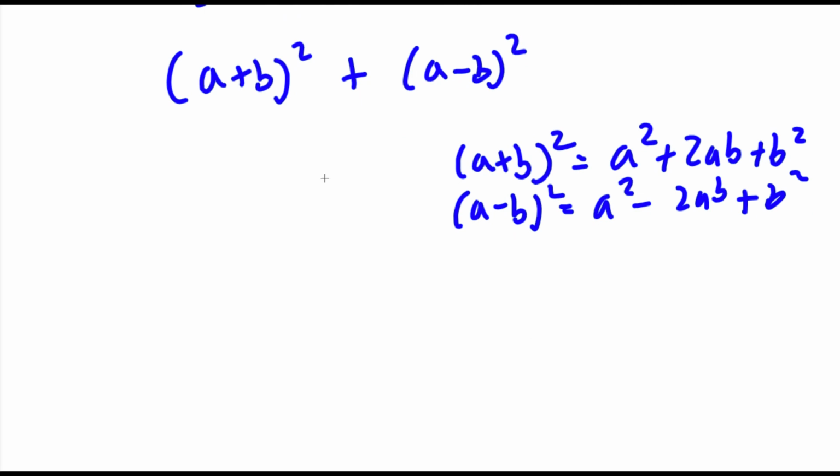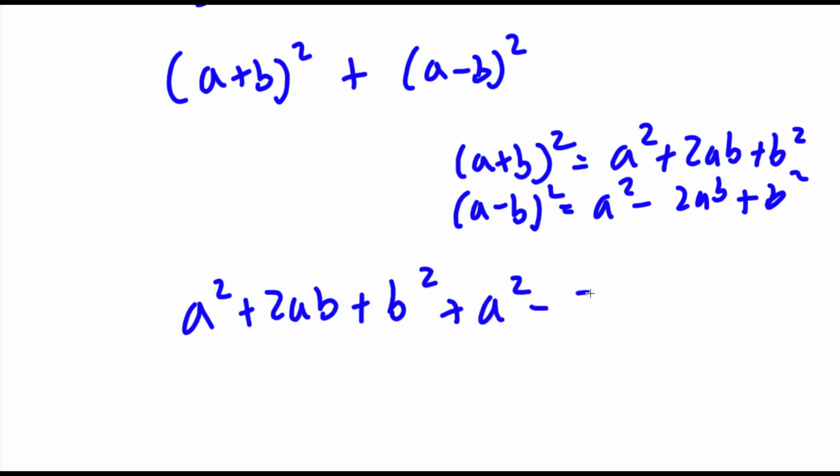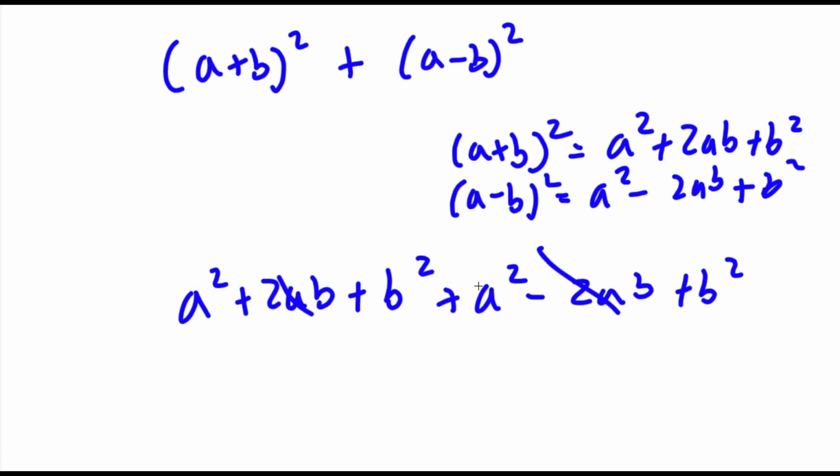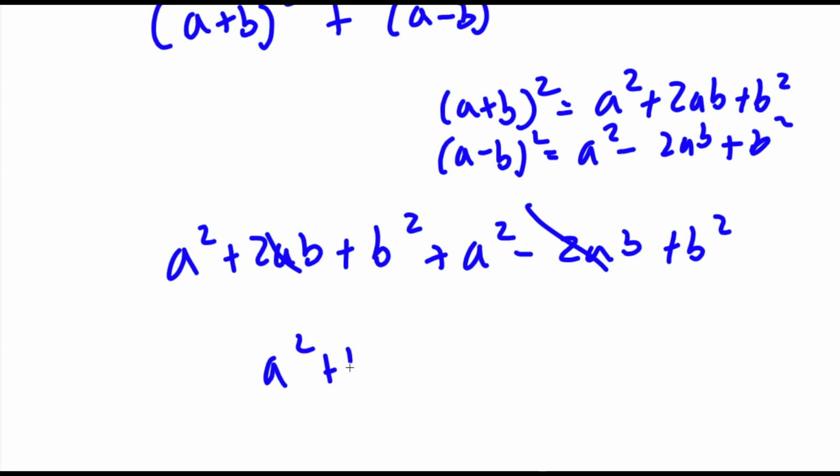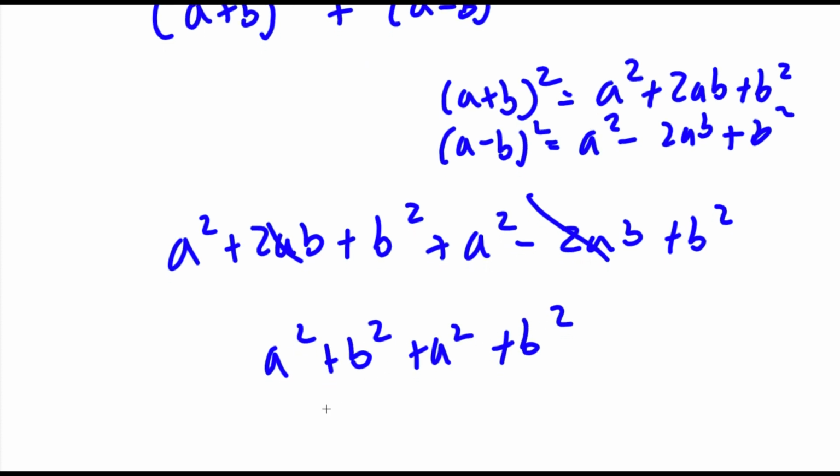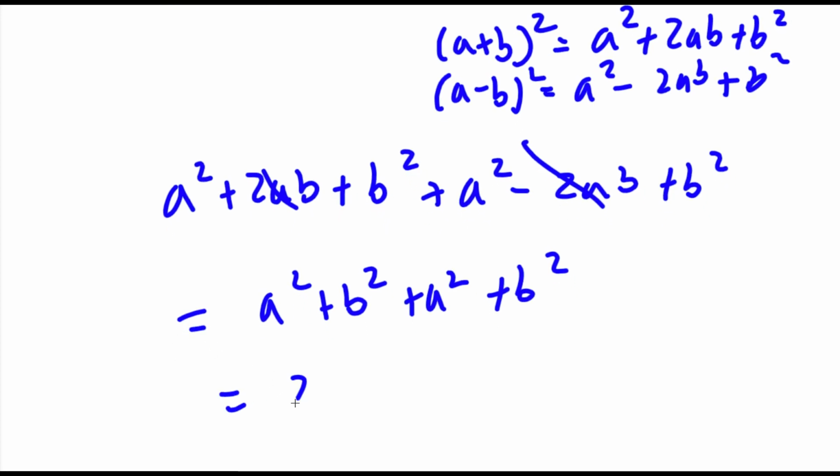So now if I add these two together, I get A squared plus 2AB plus B squared plus A squared minus 2AB plus B squared. First off, these two will cancel out, and I'll be left with A squared plus B squared plus A squared plus B squared, which is equal to 2A squared plus 2B squared.